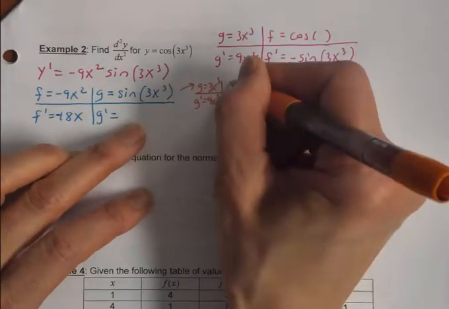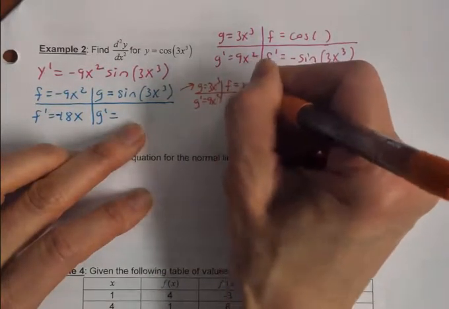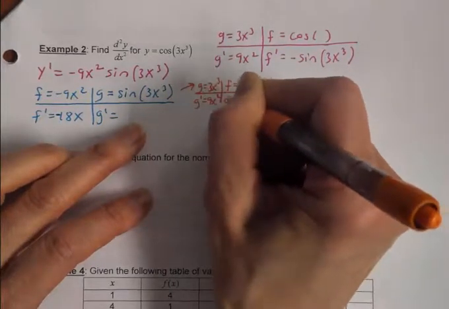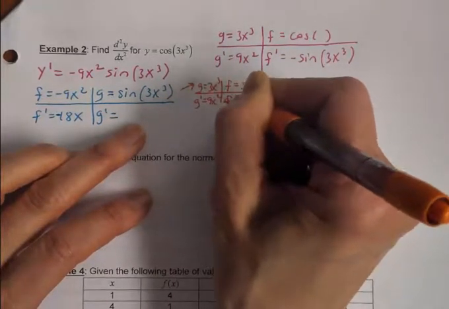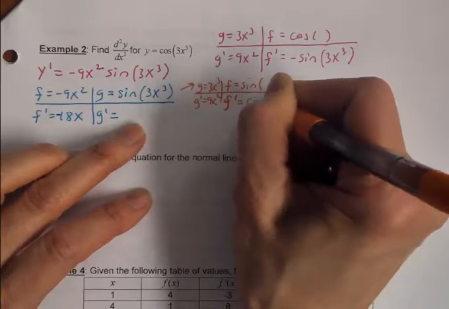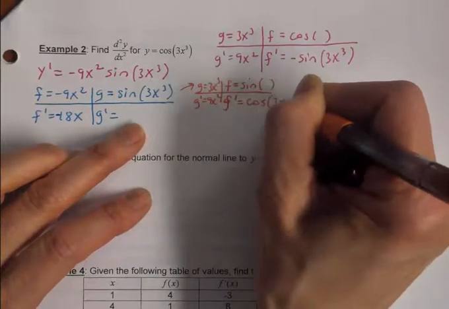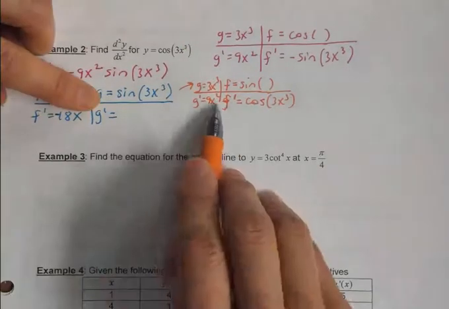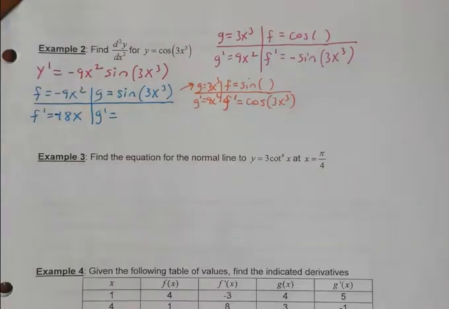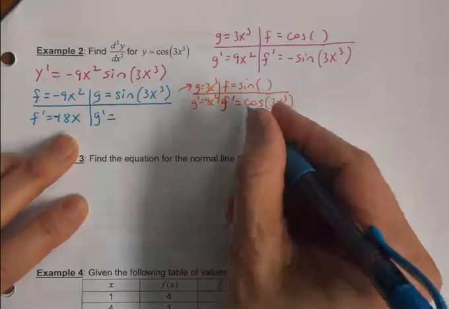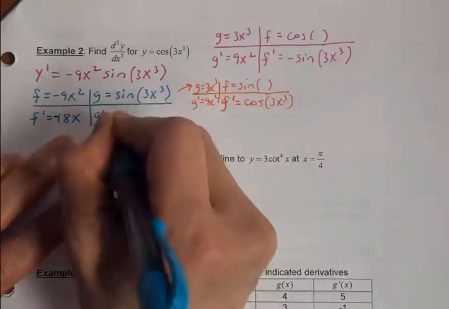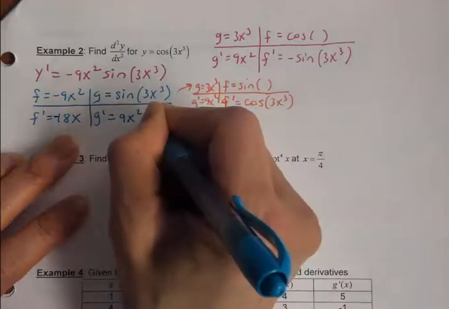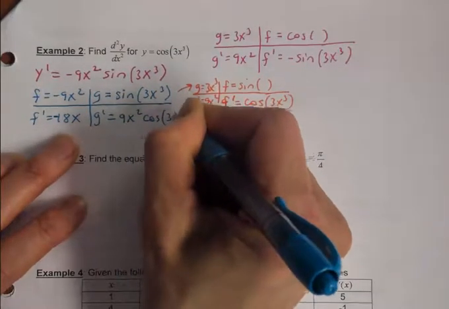And then my f is going to equal sine of something, and f prime is going to equal cosine of 3x to the third. So my answer on this one should be this times this, so that'll give me 9x squared times the cosine of 3x to the third.